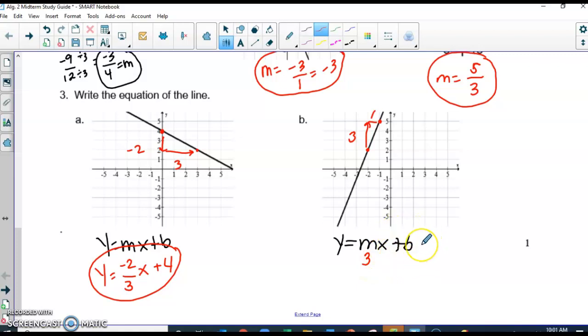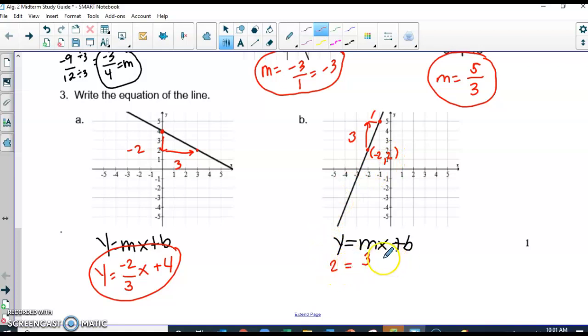Because I don't have my y-intercept, I need to start by coming up with my point for one of these and plugging it in for x, y. So the coordinates for this point are (-2, 2).